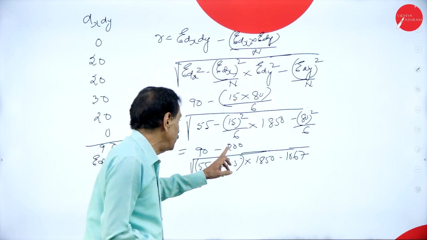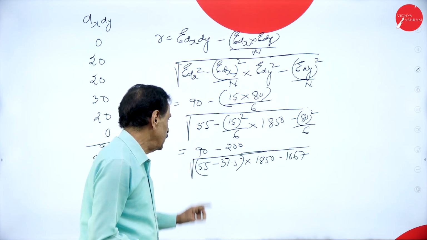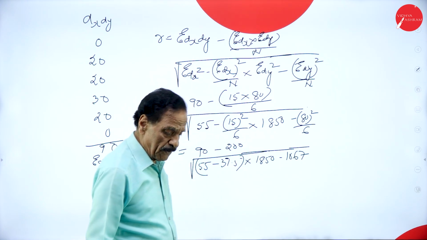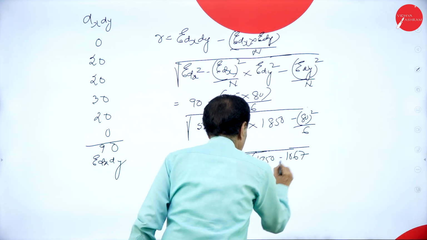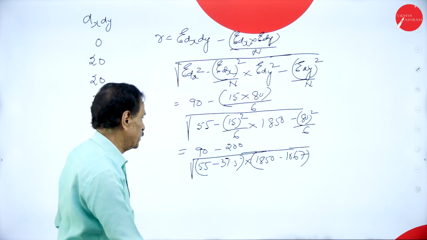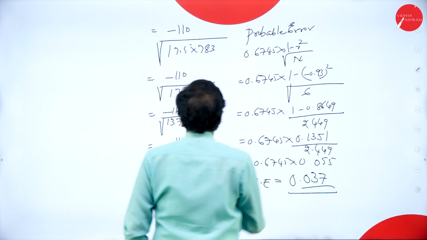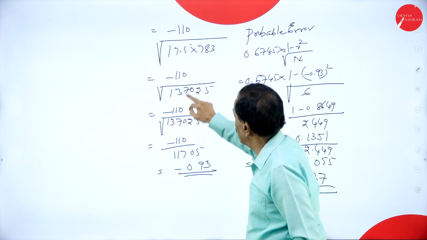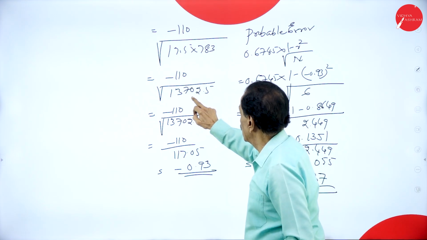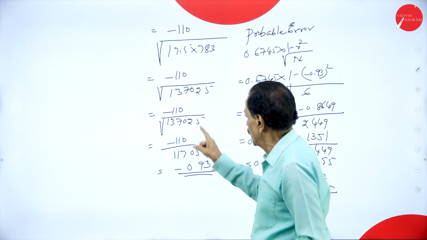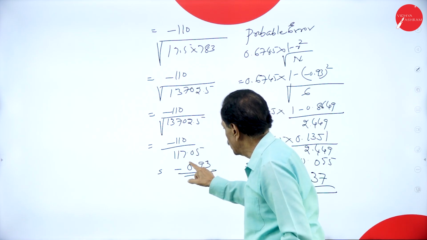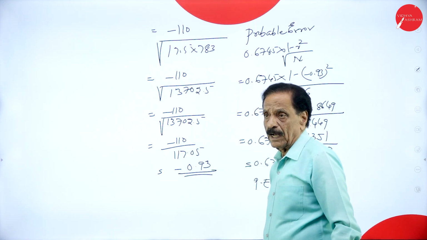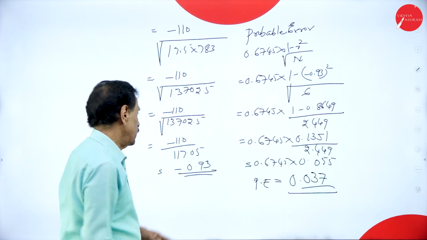Simplify this. 90 minus 200. Highest is 55 minus 37.5. 1850, this is 1067. Simplify this. Minus 110, 17.5, 783, 110. If you multiply, 13702.5. The root of this is 117.5. If we divide this, answer is minus 0.93.